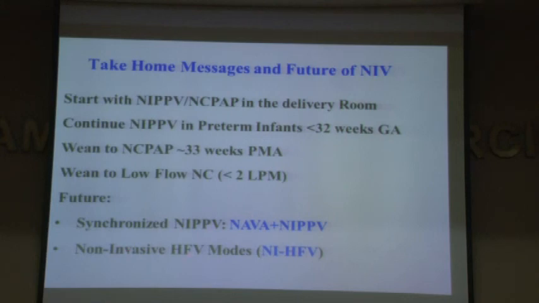There are also case reports of non-invasive high-frequency ventilation. We have done 10 babies so far. Babies that failed NIPPV, instead of intubating them, we put them on high-frequency ventilation, and there are case reports published on nasal high-frequency ventilation.